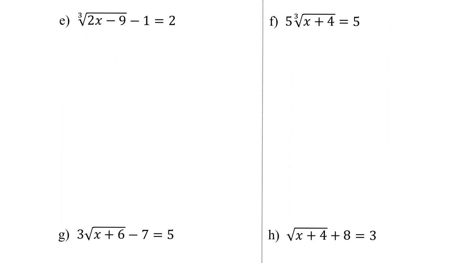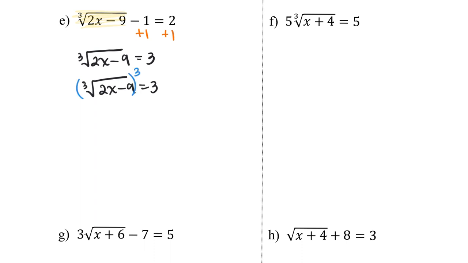Okay, we need to isolate the radical. This is the radical. So that minus 1 should not be here. Let's get rid of it. Okay, we're doing a third root of 2x minus 9, so I need to raise this to the third power.